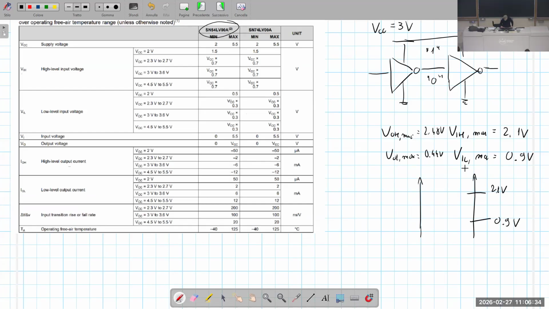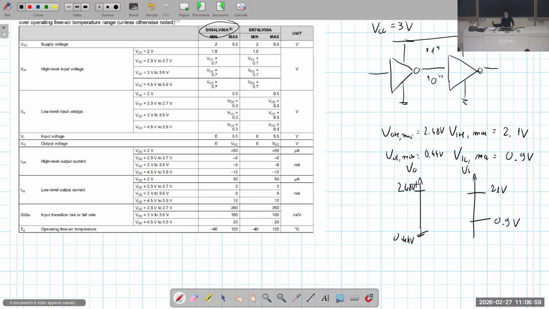So this is VI and this is VO: 2.48 volt and 0.44 volt. Is it possible for these two gates to exchange information in a successful way?